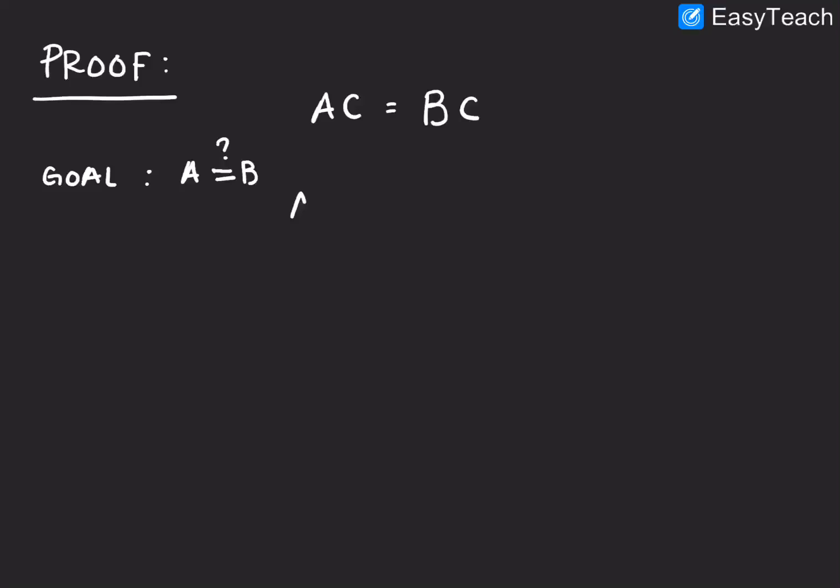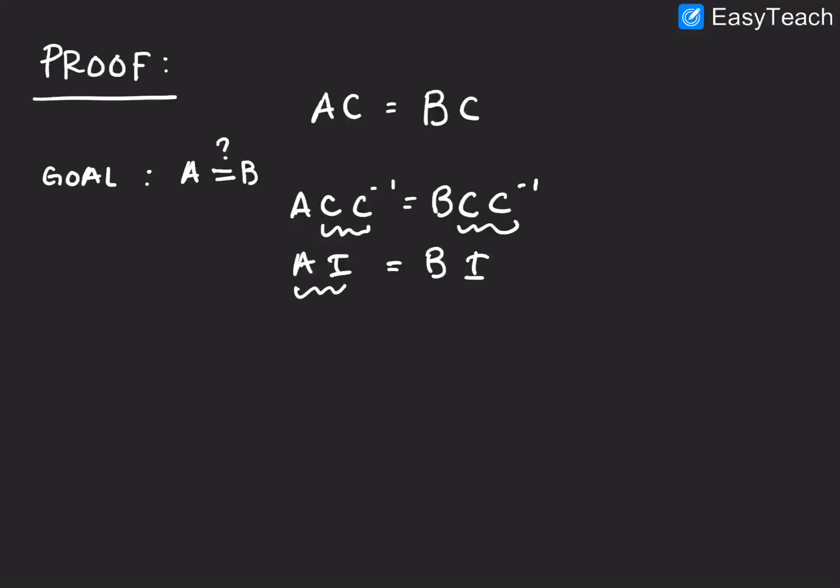So basically, we could multiply both sides by C inverse, and when you have C times the C inverse, you'll get A times the identity matrix is equal to B times the identity matrix.